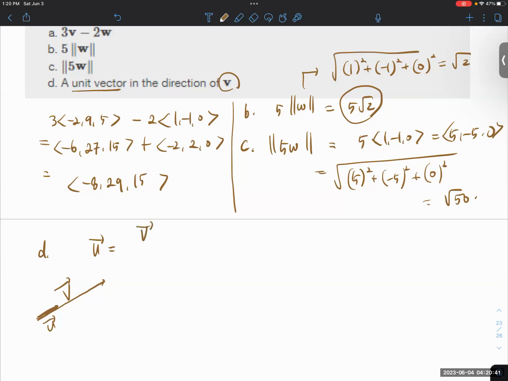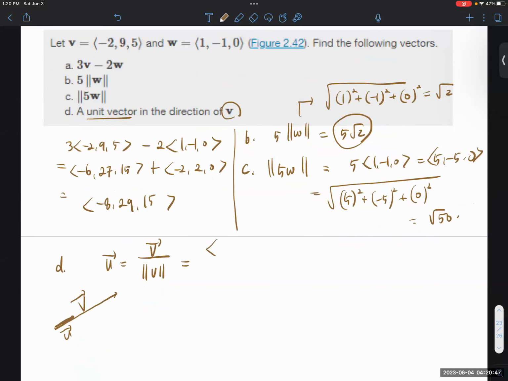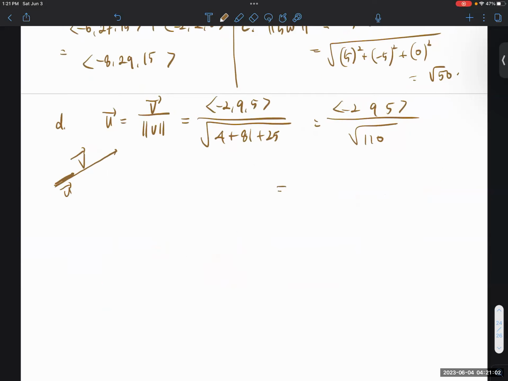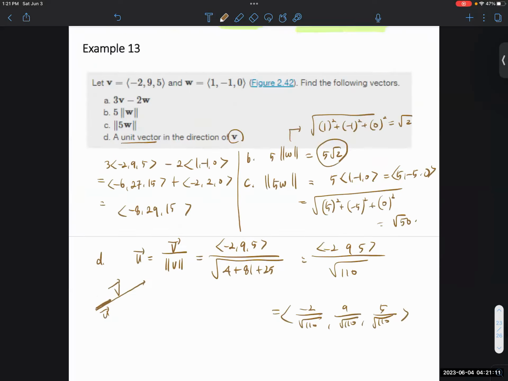So it's the v vector divided by the v vector's magnitude. We already know v is given: negative 2, 9, 5, and then 4, 81, 25. So you should get negative 2, 9, 5, over radical 110. So negative 2 over radical 110, 9 over radical 110, and 5 over radical 110. So that's the unit vector of V.